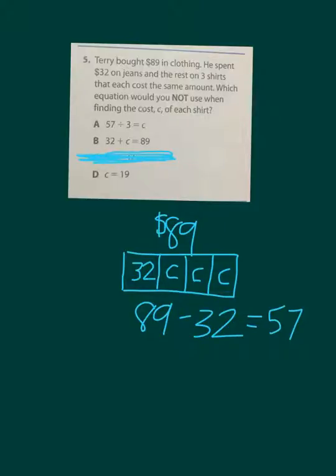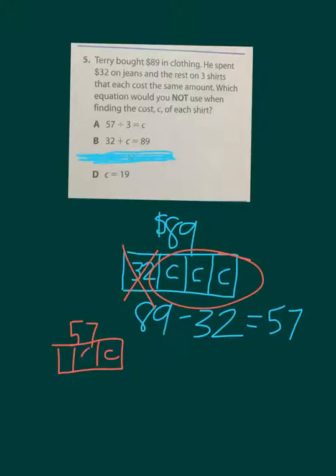So now essentially what we did is we eliminated that 32. Now the number on top is 57. That's how much we have left, and then we just have our 3 shirts here. So then we talk about this strip diagram and what it means and what it looks like. We have our whole, so we're not adding, we're not multiplying. We have 3 parts and they are all the same amount.